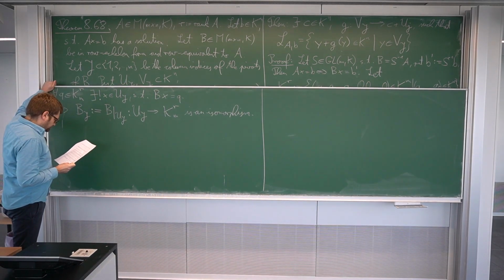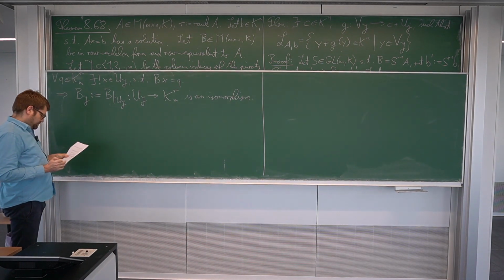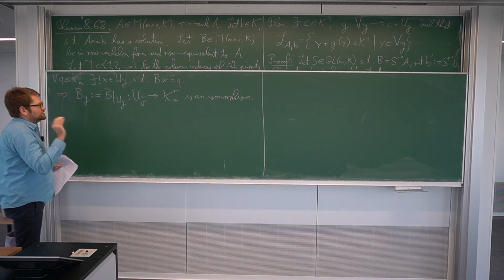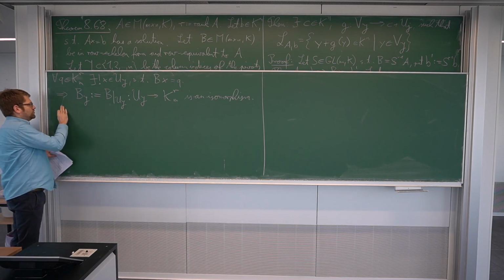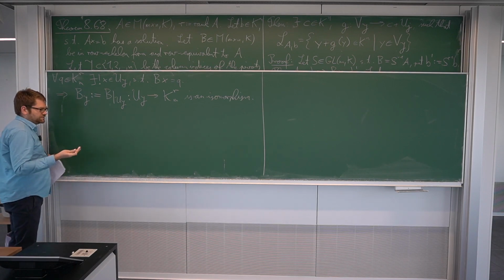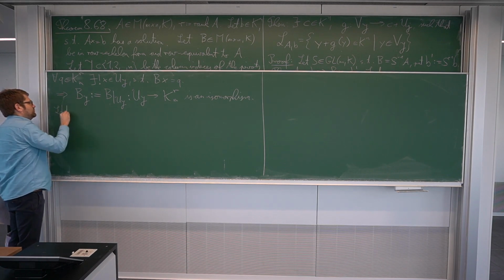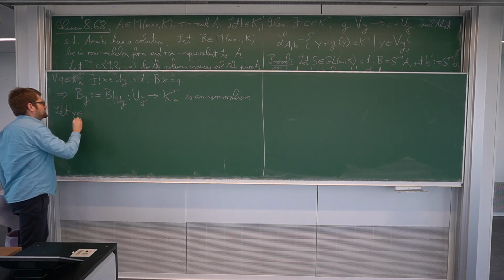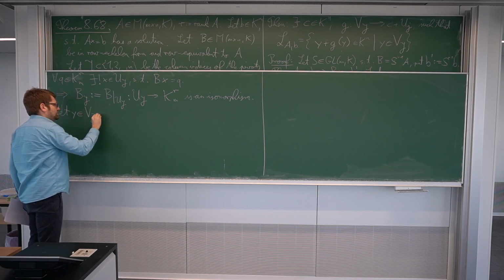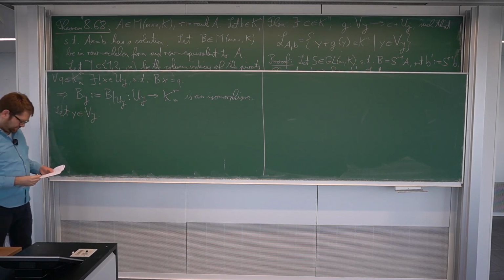Now, sorry. Okay, now, about the solutions. We make first one observation about the homogeneous equation, namely, if we take y to be some element of Vj, of the complement of that space.